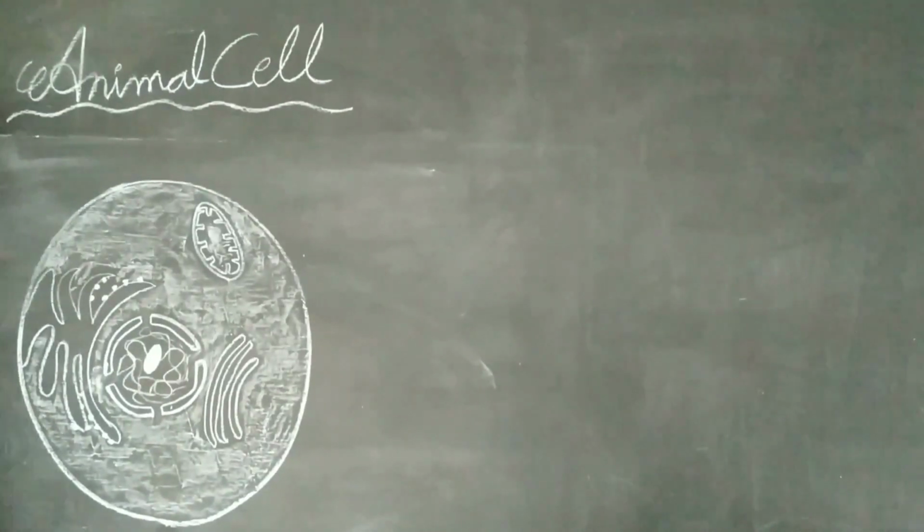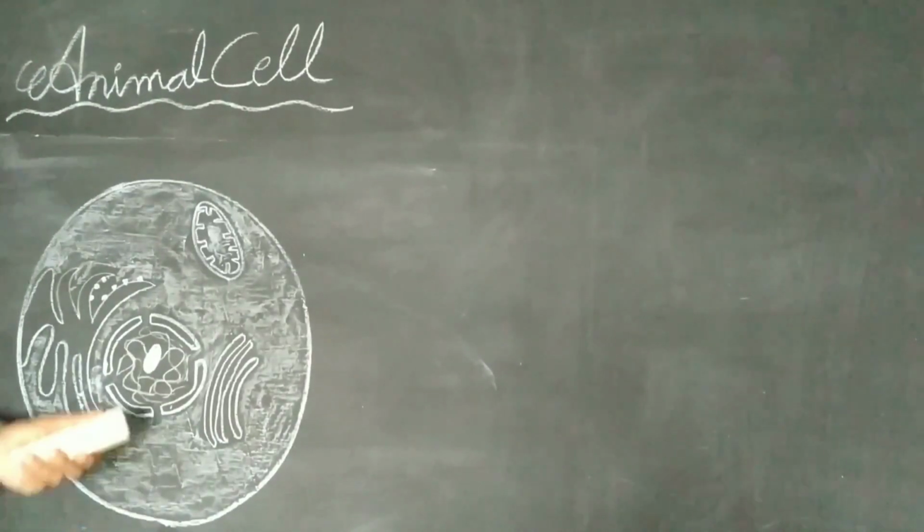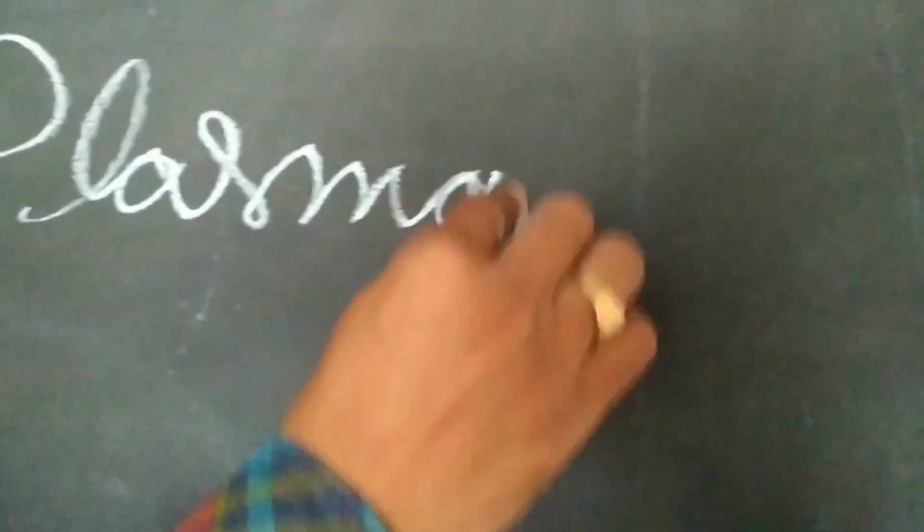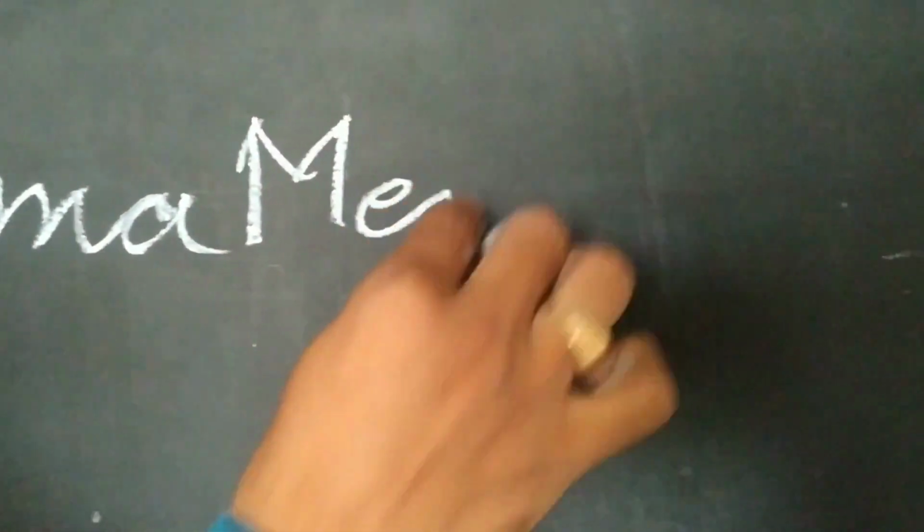Now let's see the typical structure of an animal cell. Okay, this is called as the plasma membrane.